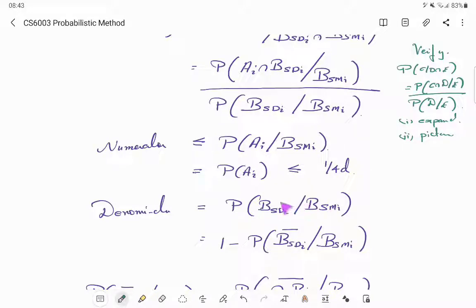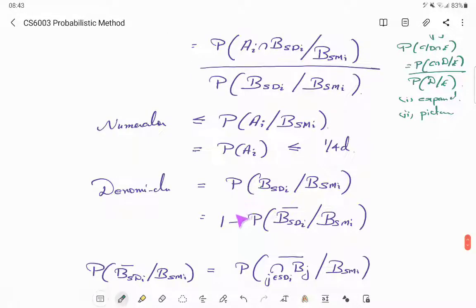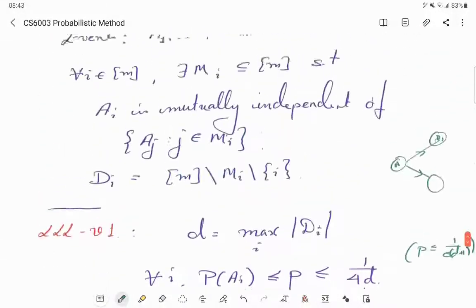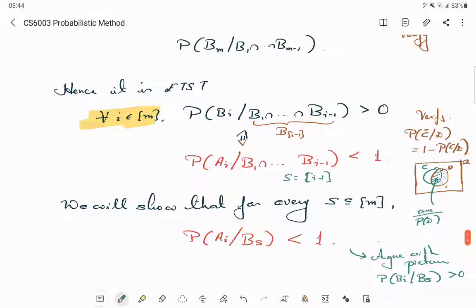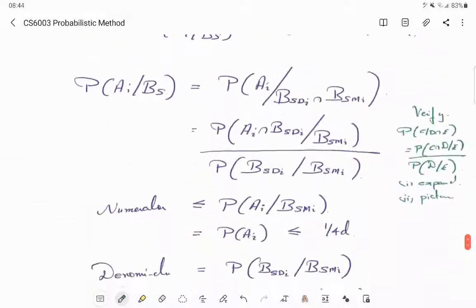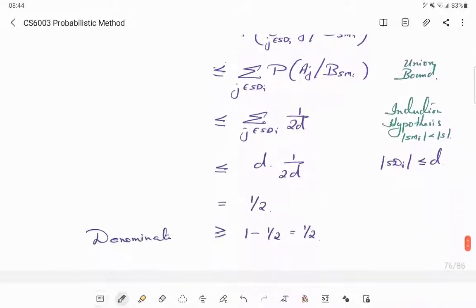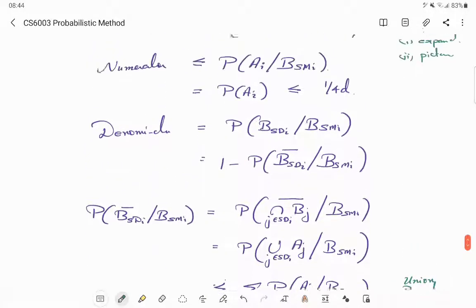Okay, that is the interpretation. But again, we are going to massage this denominator a bit, and write this as 1 minus P of this complement conditioned on the same event. We have already seen this modification here. So if you had verified it then, you need not verify this fact again.